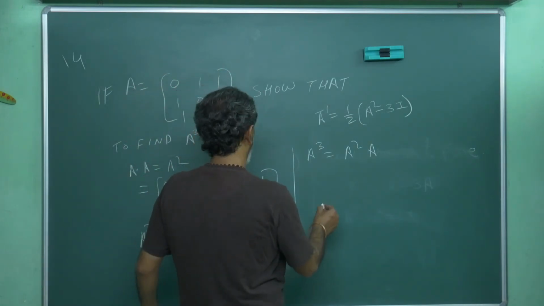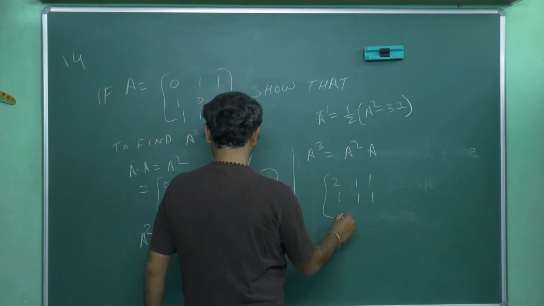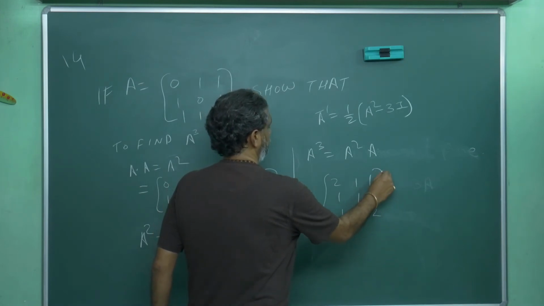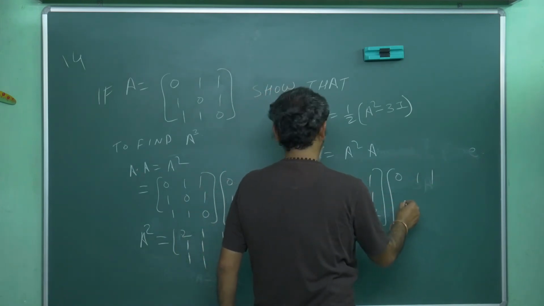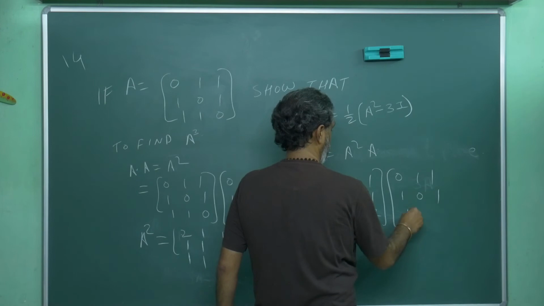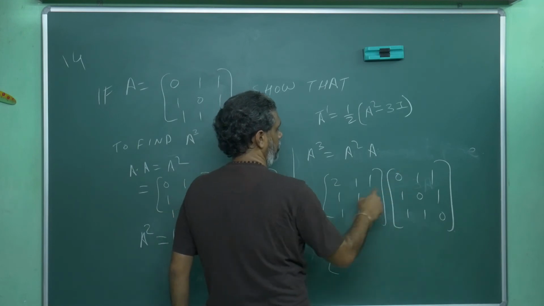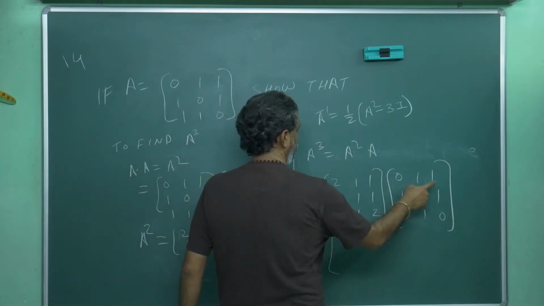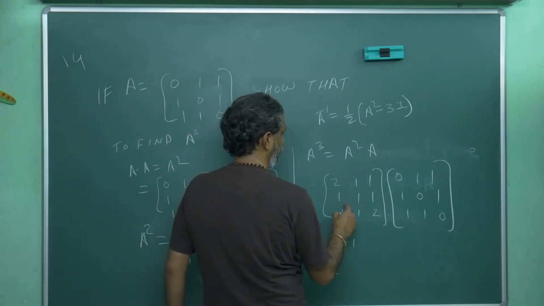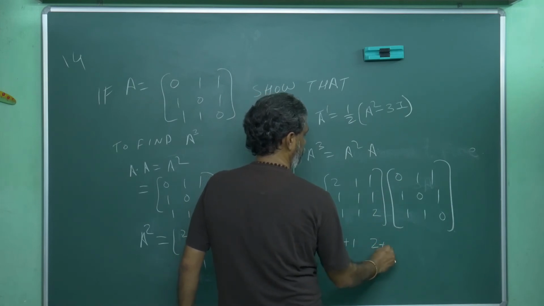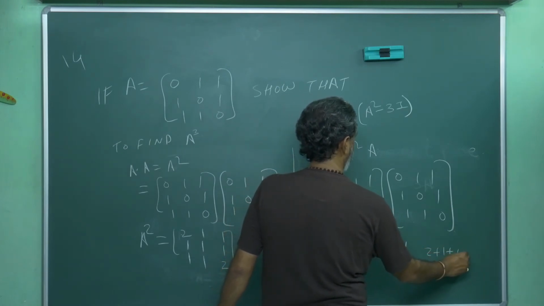So A cube: A square is already available in my hand. Who is this? 2 1 1, 1 2 1, 1 1 2. And who is A? 0 1 1, 1 0 1, 1 1 0. Then take one row with all columns. First row, first column: 2 into 0, 0, 1 into 1 plus 1, that is 2. First row, second column: 2 into 2, 2, 1 into 0, 0 plus 1, that is 3. First row, third column: 2 into 1, 2 plus 1 plus 0, that is 3.